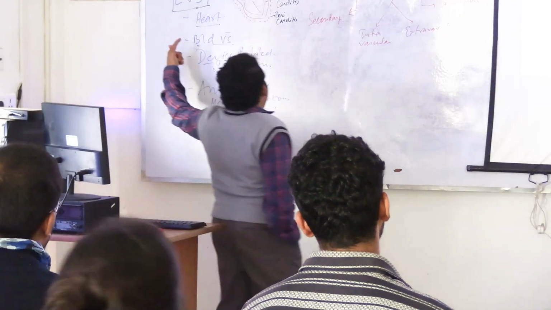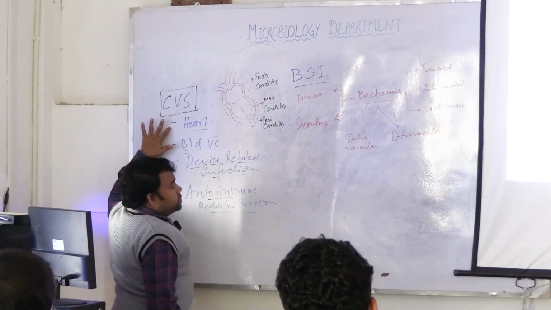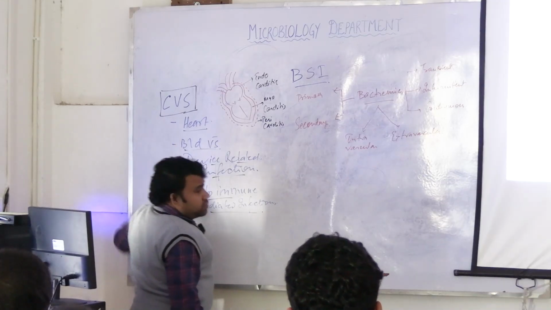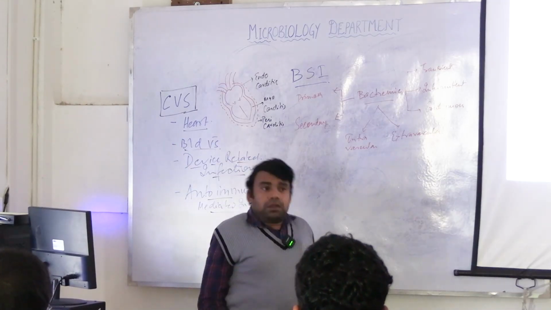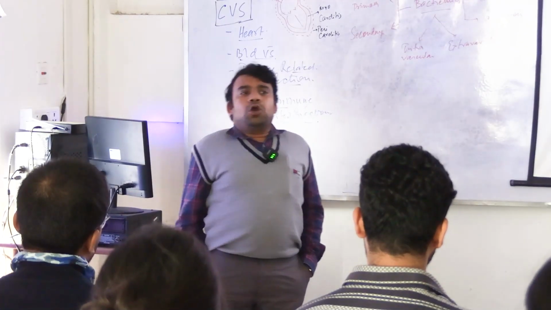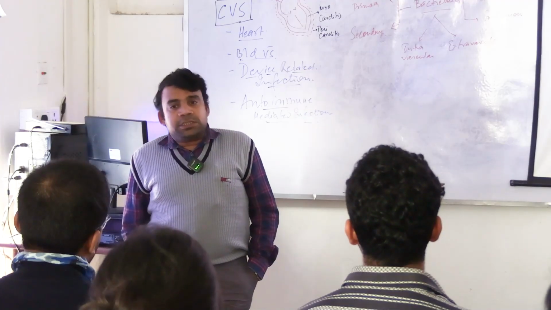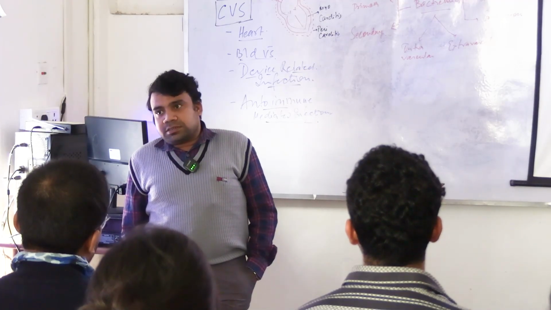Some of the diseases which affect the cardiovascular system can be jotted down in these 4 ways. Diseases which affect the heart, the diseases which affect the blood vessels. Then during various therapeutic and diagnostic procedures, we need access to the blood vessels, either a venous access or an arterial access.